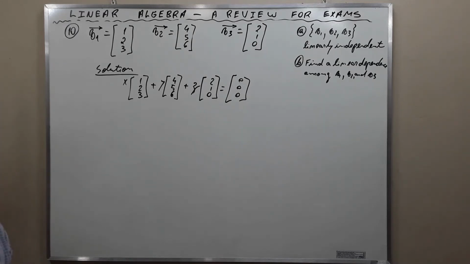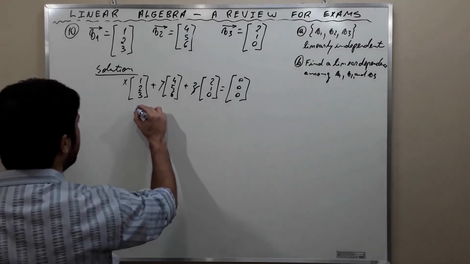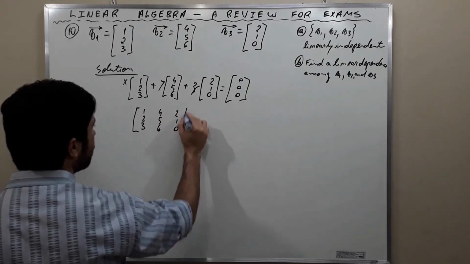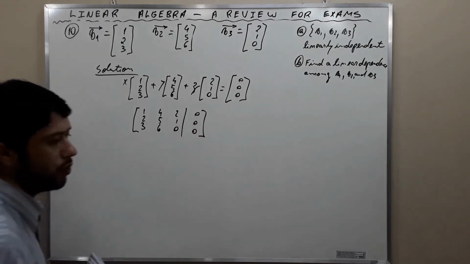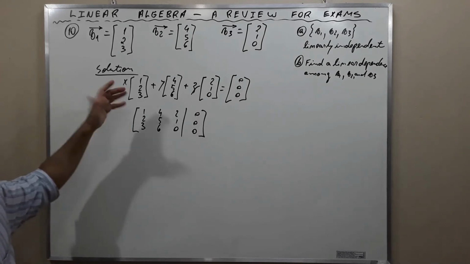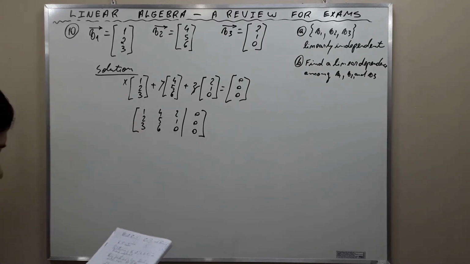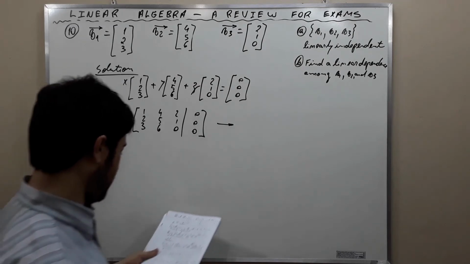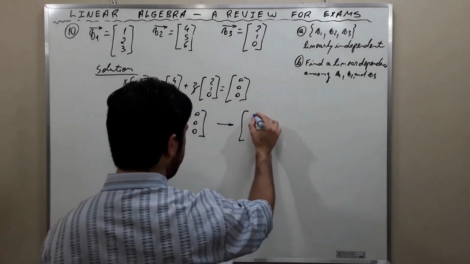We want a non-trivial solution to this vector equation, okay? And to find this non-trivial solution, we will need to use the augmented matrix. The augmented matrix will be and we will operate on the rows of this augmented matrix. And we can add, subtract the rows, and after doing this, we discover this augmented matrix here.